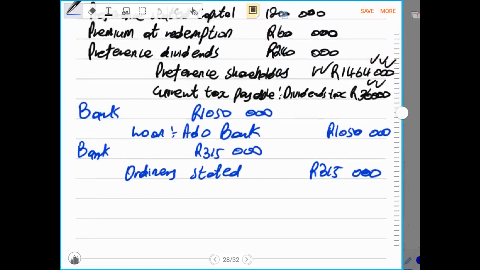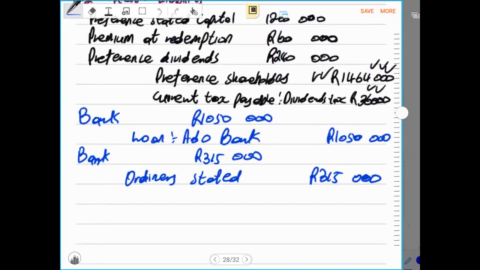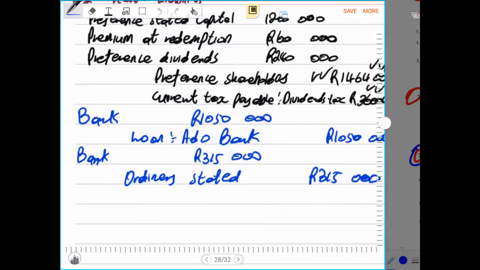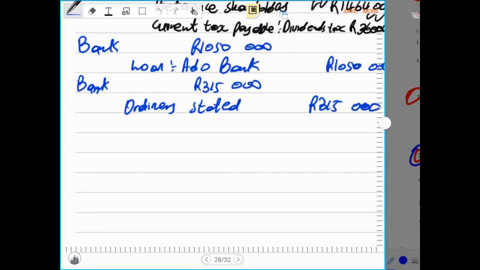Then after raising funds, now we can make the payment. I hope there is nothing else that we need to take into account except only the share issue cost. I think there was a share issue cost of 12,000 rands. Yes, there was a share issue expense of 12,000 rands, and that share issue expense must be taken into account against ordinary stated capital, because it was based on the share that we issued.